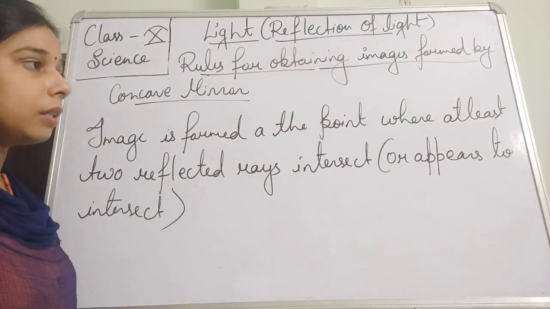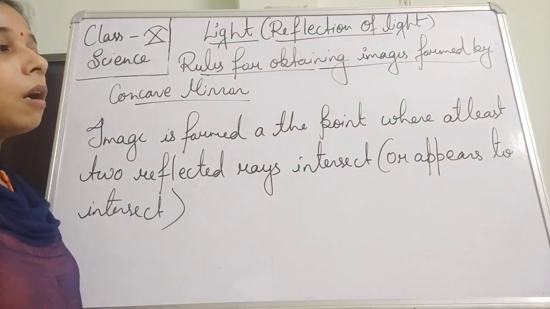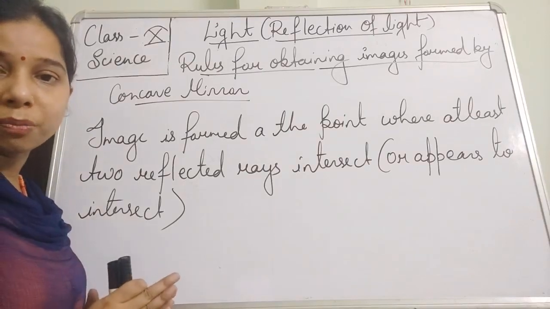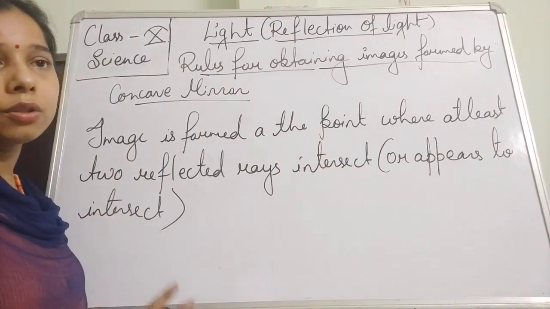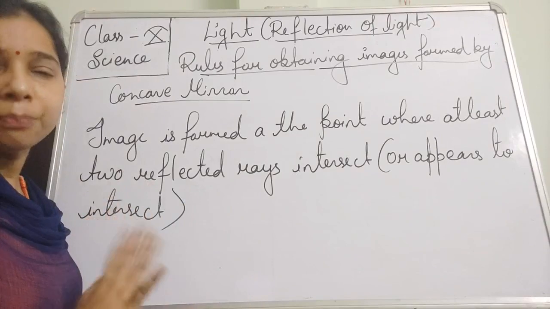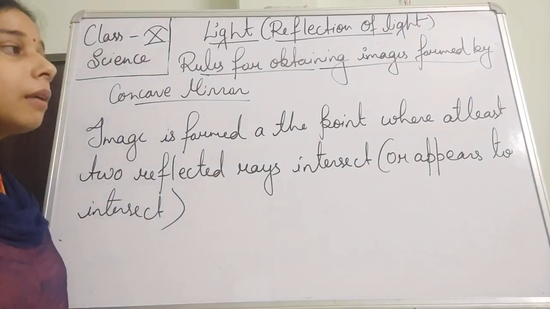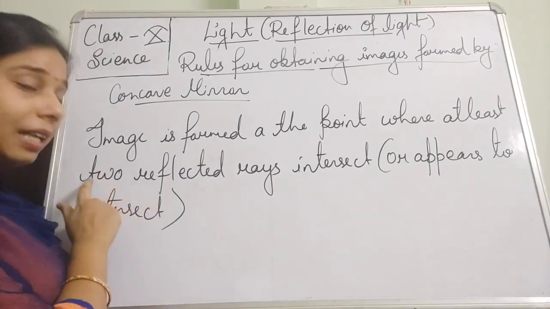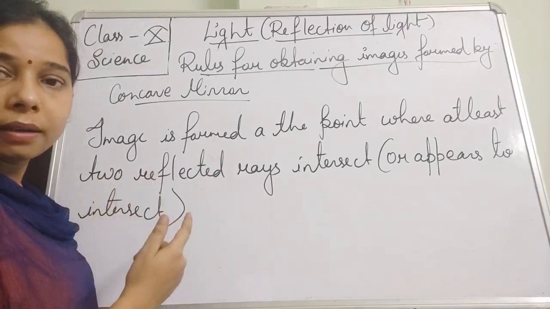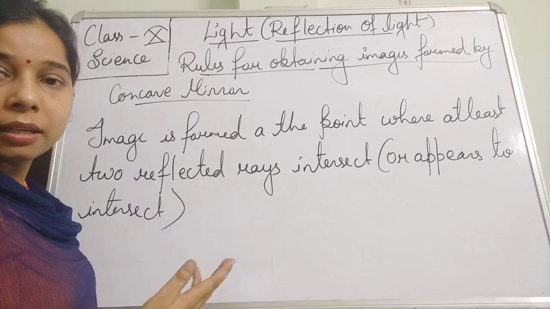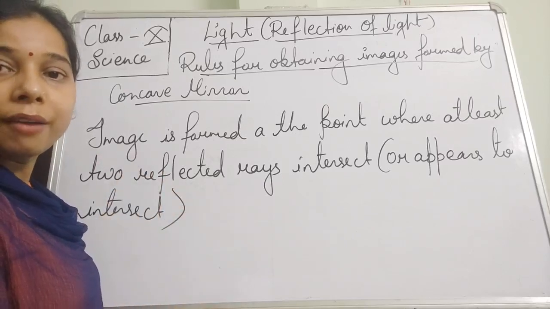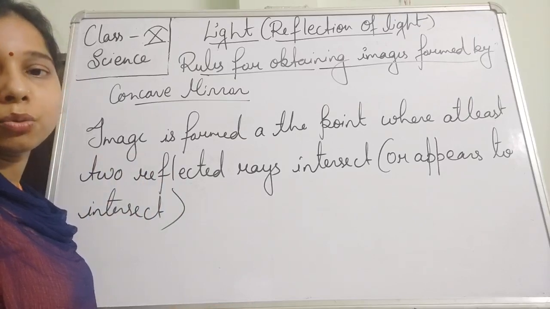I told you about this before also, but remember that the image is only formed when there is intersection. For intersection, you know that at least two rays must be there. Other rays can also happen, but if the image has to form, at least two are needed, because one ray is not going to form the image. It is the intersection of the rays that helps in the formation of the image.